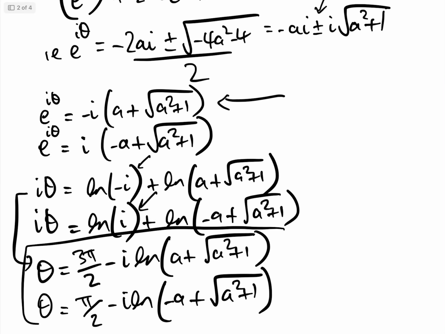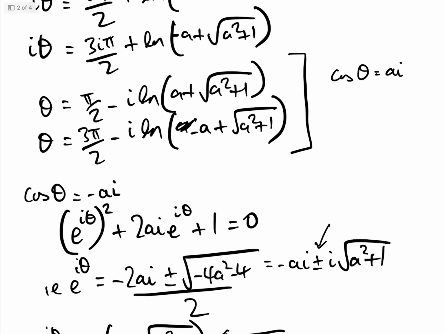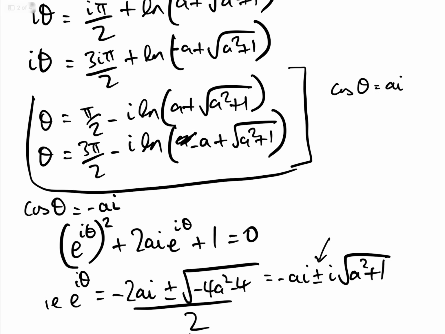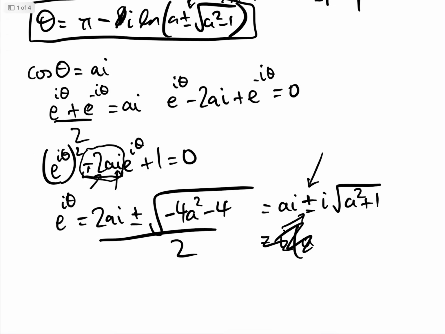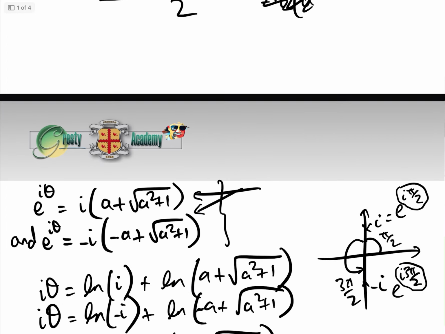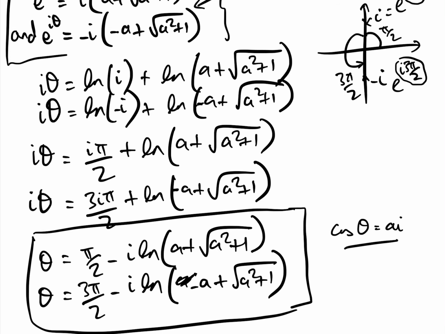Okay, so those two there are the solutions to cos theta equals minus ai. These two here are the solutions to cos theta equals ai. And then where were the solutions to... Oh, no, not there, sorry.